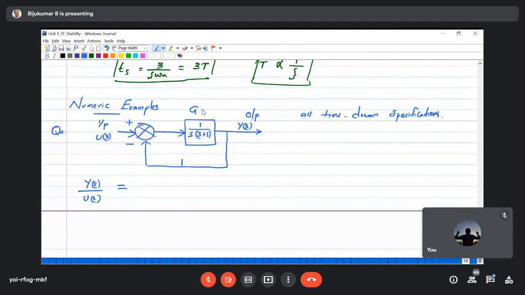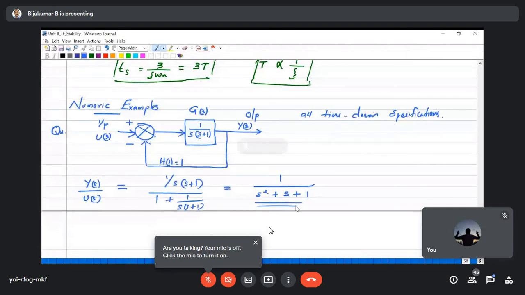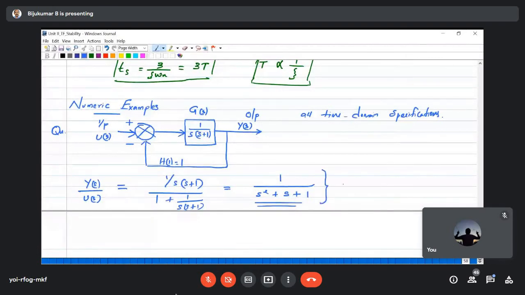In this problem, this is our g of s, and h of s is equal to 1. So we can write 1 divided by s times s plus 1, divided by 1 plus 1 divided by s times s plus 1. Finally, we will get 1 divided by s square plus s plus 1, right? So the given problem is a second order system.